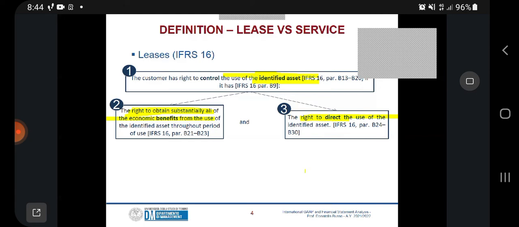So, three key points. First, the asset must be identified. Second, the lessee must obtain the economic benefits from the use of the asset. So it's the lessee that benefits from the use of the asset, and the lessee must decide on how to use the asset.